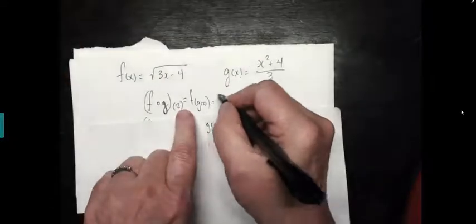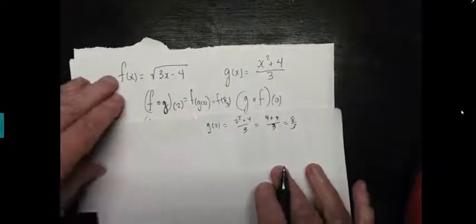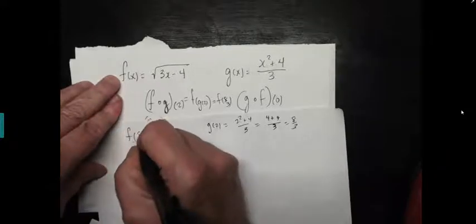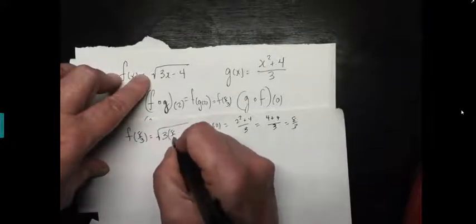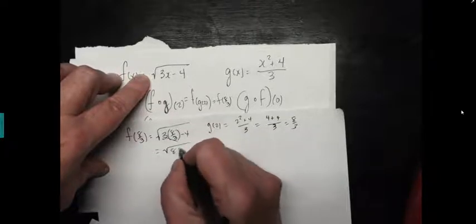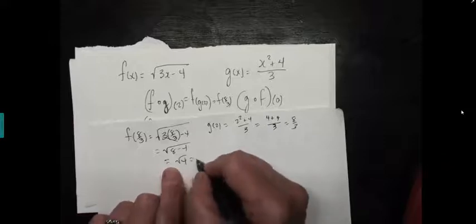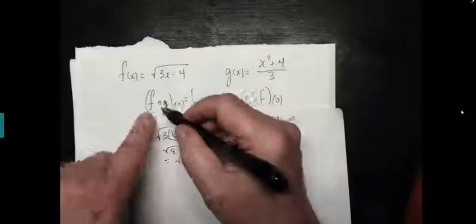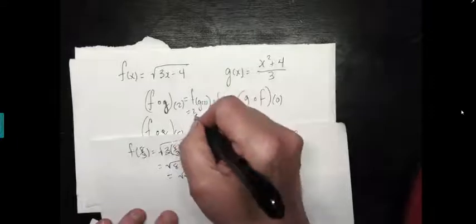And what's f evaluated at 8/3? F evaluated at 8/3 is going to be, I'm going to replace x with 8/3. The 3's cancel, and I get the square root of 4, which is 2. And so f composed with g evaluated at 2 is equal to 2.